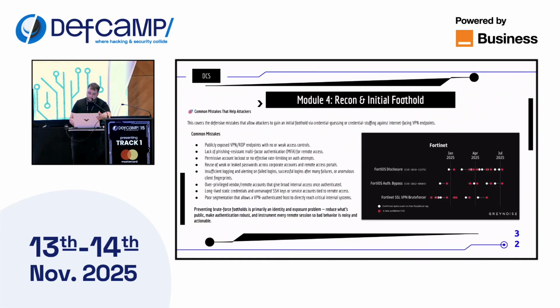Again, if we have good segmentation on the network, this would make the attackers pretty mad, because it's going to be harder for them to move laterally and reach their scope. And as you can see here on the photo, we earlier saw that exploit on Fortinet that allows us to get clear text credentials. Well, it's still used in 2025, and it has a lot of hits. Now imagine on the latest exploits how many there are.